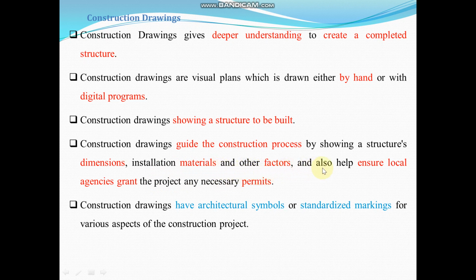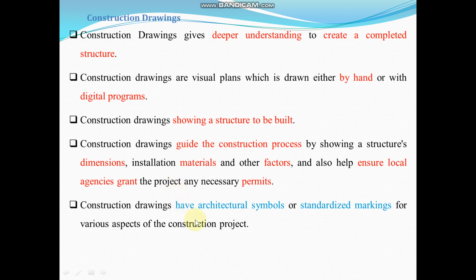It also helps ensure the local agency grants the project any necessary permits. Yes, when we prepare a construction drawing, we have to go to the municipality to get permission to construct the project by showing our drawings.